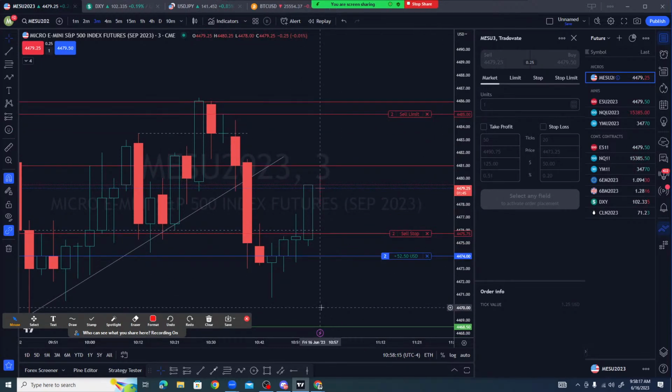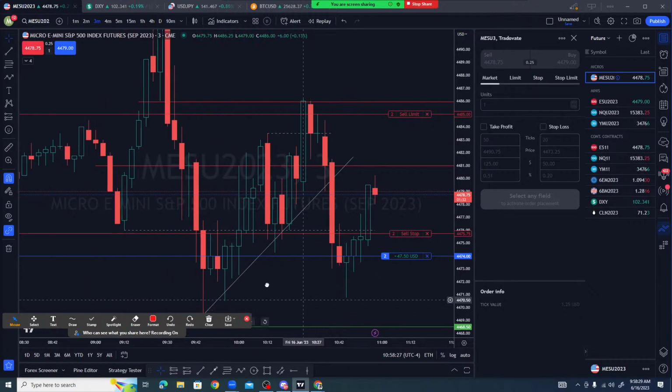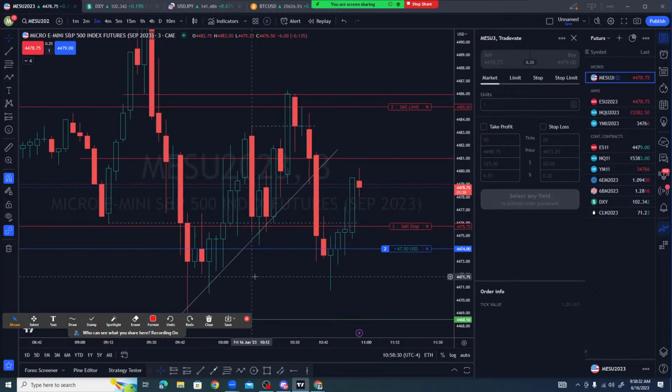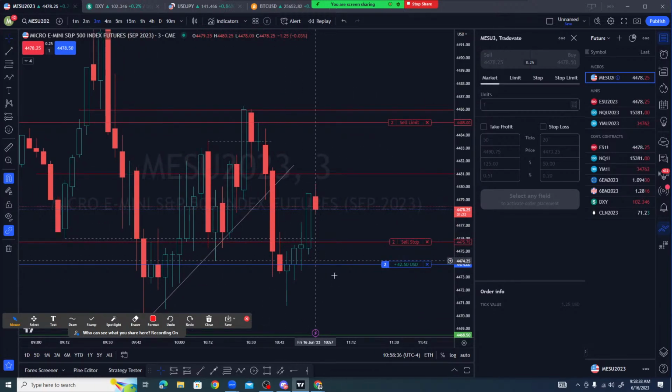We're getting into the 10 o'clock hour, and especially those that really do follow ICT and its strategies are going to be looking for that 10 to 11 silver bullet setup. And maybe we were already early, so maybe the silver bullet setup is going to be right here.